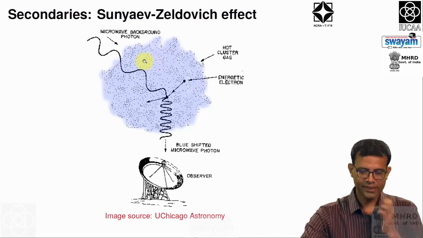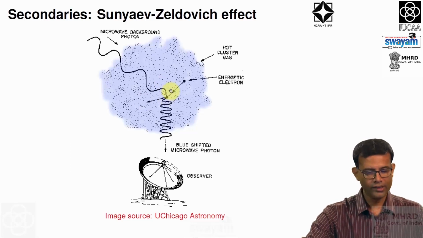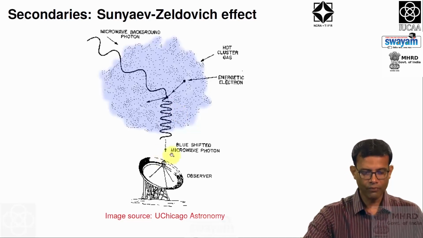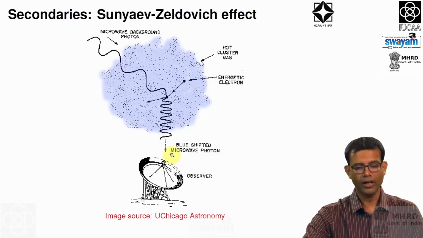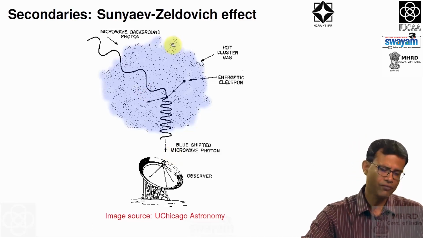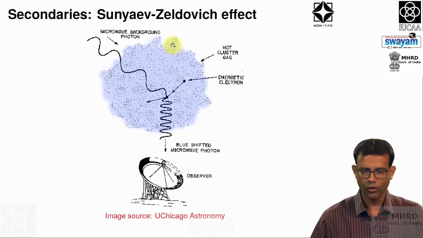This hot gas has energetic electrons, and if the photons scatter off these energetic electrons, they may be gaining energy. So, they get blue shifted, and then when we observe them, we will observe a distorted view of the CMBR universe. This is known as the Sunyaev-Zeldovich effect. There are more details related to the Sunyaev-Zeldovich effect, which I am not going into.